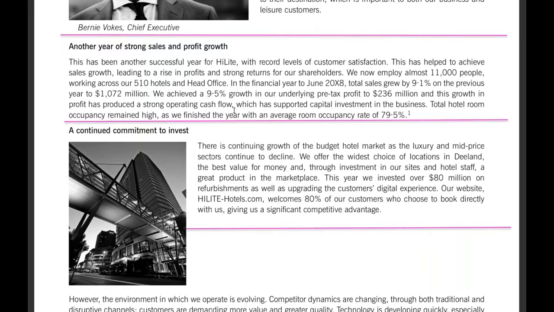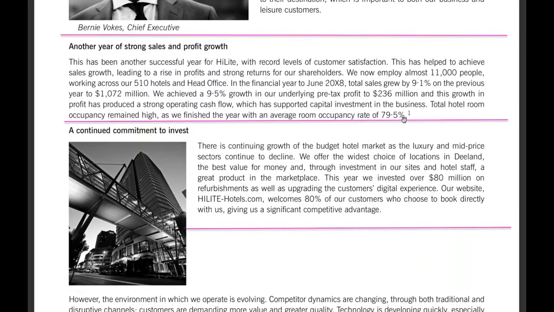Which has supported capital investment in the business. Total hotel room occupancy remained high as we finished the year with an average room occupancy rate at 79.5%. So where do you think that you are able to use this particular information? So if you notice, in this particular paragraph, they did mention an average room occupancy rate of 79.5%.